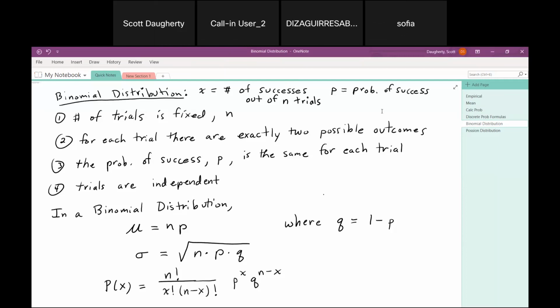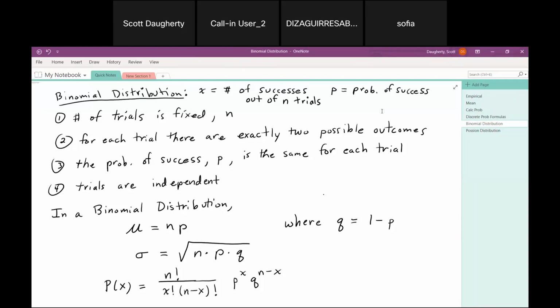And then in the next section, we're going to look at another special case of a discrete distribution known as a Poisson distribution. But just know that the next two that we're going to look at are technically discrete distributions. They're just special cases that have special conditions that need to be satisfied in order for them to be classified as either a binomial or a Poisson distribution.